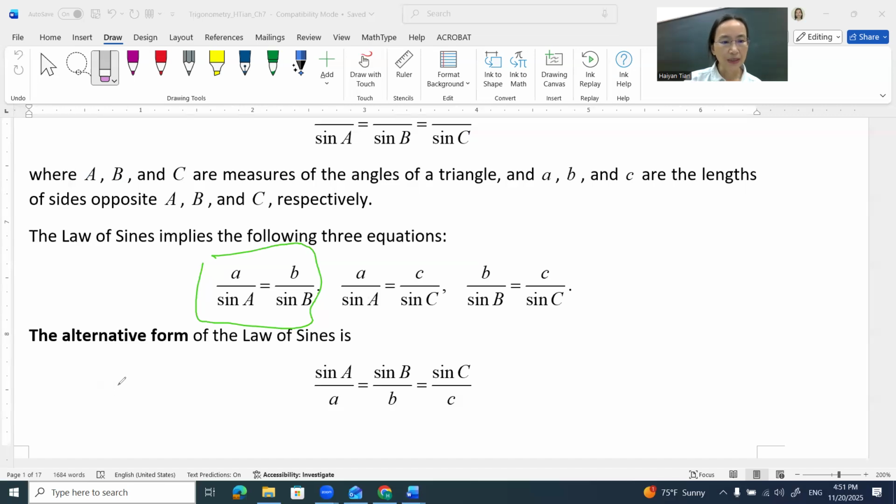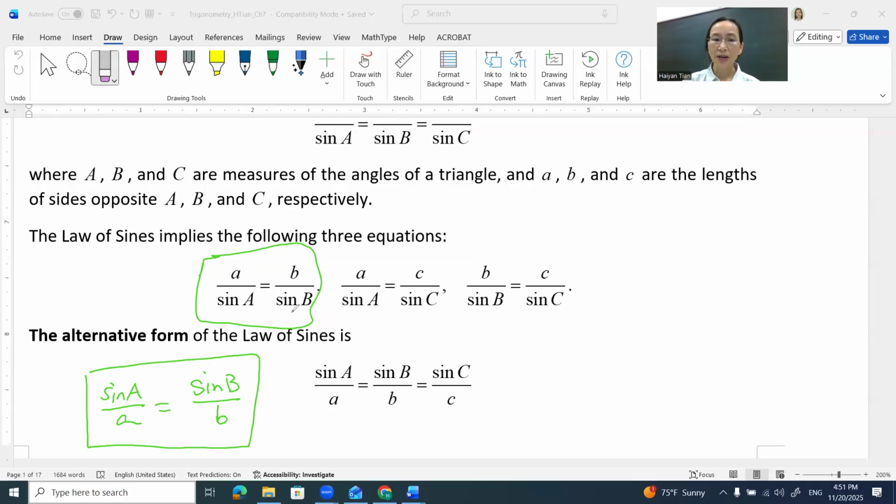For example, if I write sine A over a, then sine B over b. That's the same. If A over sine A equals B over sine B, then sine A over a equals sine B over b. We just flip each fraction.